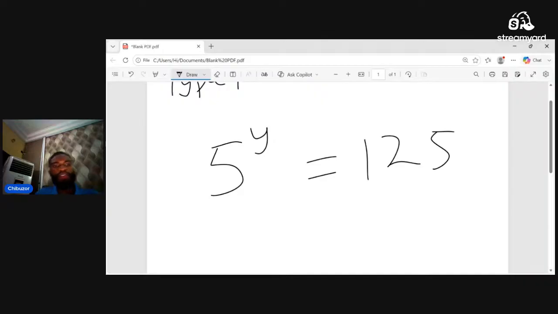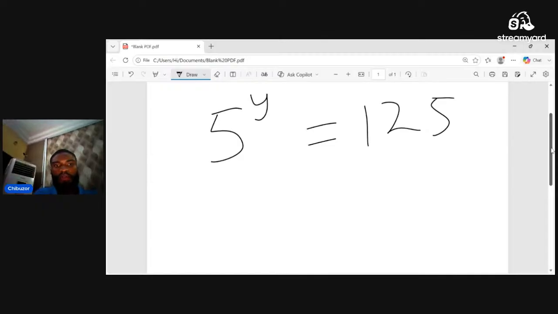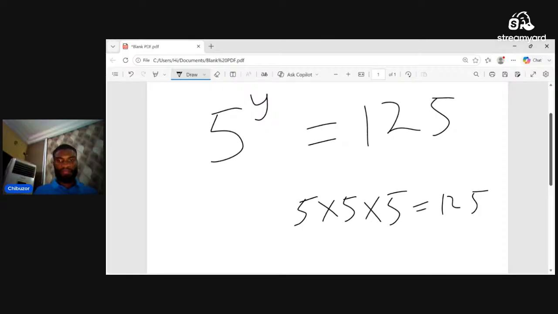Okay, so how do we solve this? Using the same principle, we already have the base of this. So we now say 5 times 5 times 5. 5 times 5 times 5 is equal to 125. That means 5 raised to power 3.